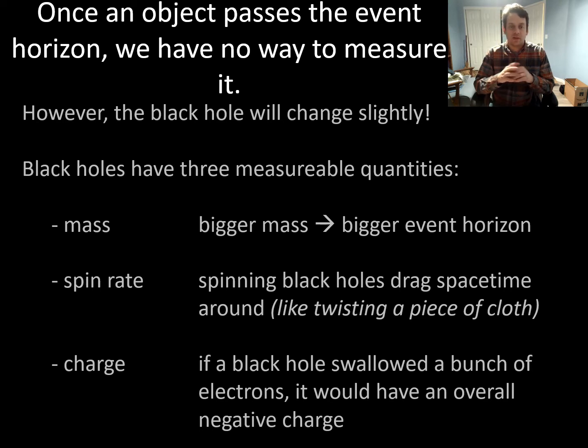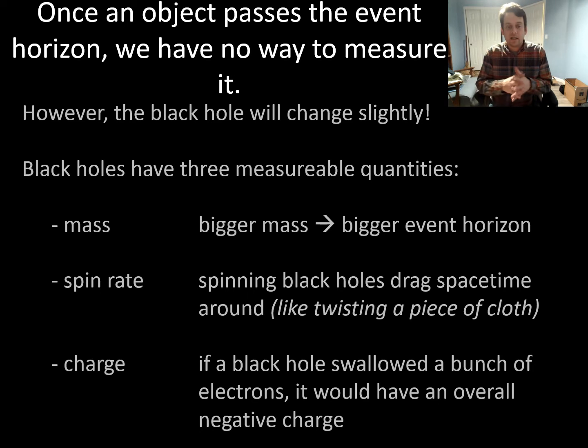And so there are just a few things that you can measure about the black hole. The first is mass, and we can measure the mass by measuring the event horizon, and we've talked about that. A few slides back, I gave an equation relating the Schwarzschild radius to the mass of the black hole. And, qualitatively, a bigger mass means a larger event horizon.